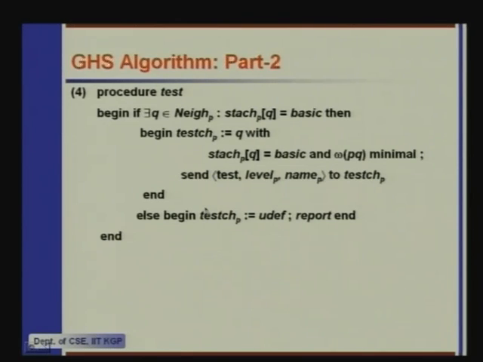It is invoked by a node which knows that it must now participate in the search for the least cost outgoing edge. So, what it does is, the node starts by looking at the edges incident on it. So, at any point of time in the algorithm, there are three types of edges incident on it: edges which are already in the tree, they are branch edges.